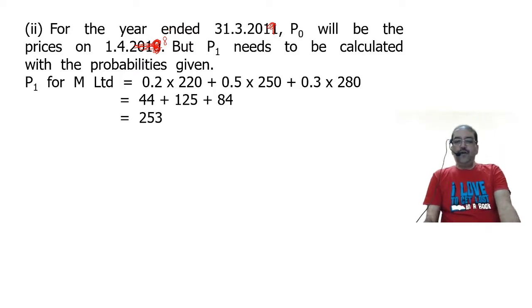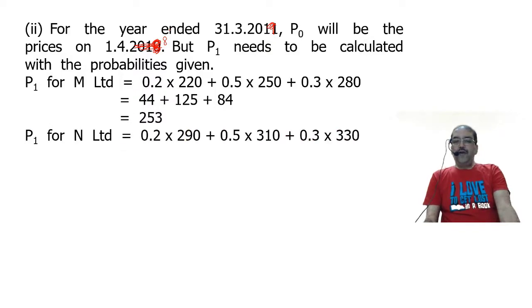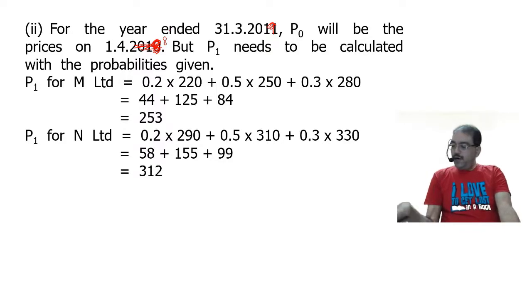Same way you do for the price of N Limited. Multiply and see. 0.2 into 290 plus 0.5 into 310 plus 0.3 into 330. Are you getting 312? Check.